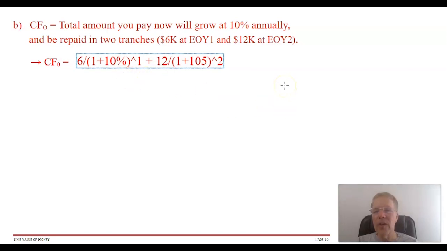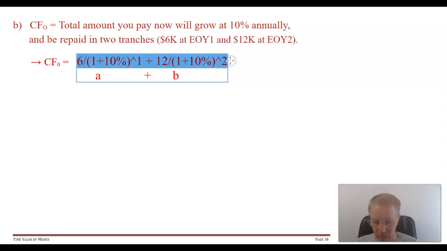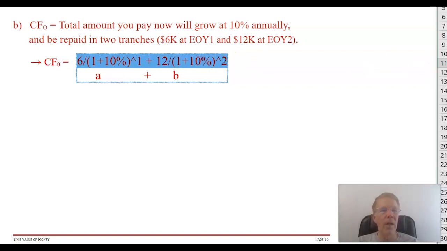So what is this? This is A plus B. So let's bring this over in from Excel.